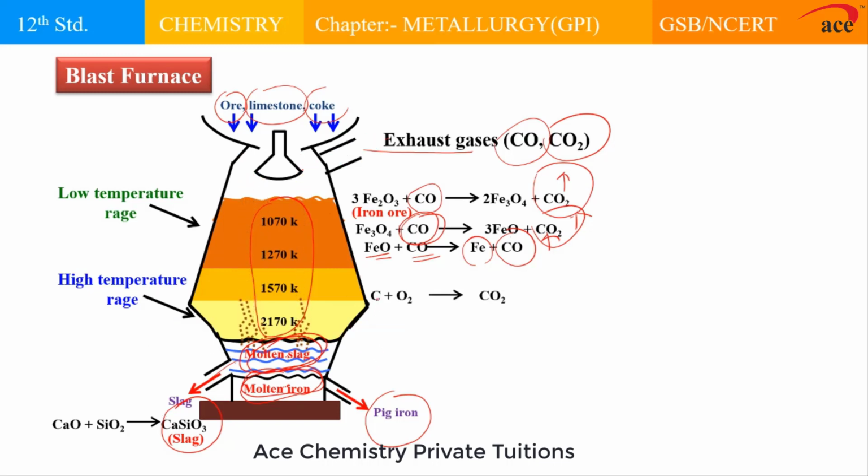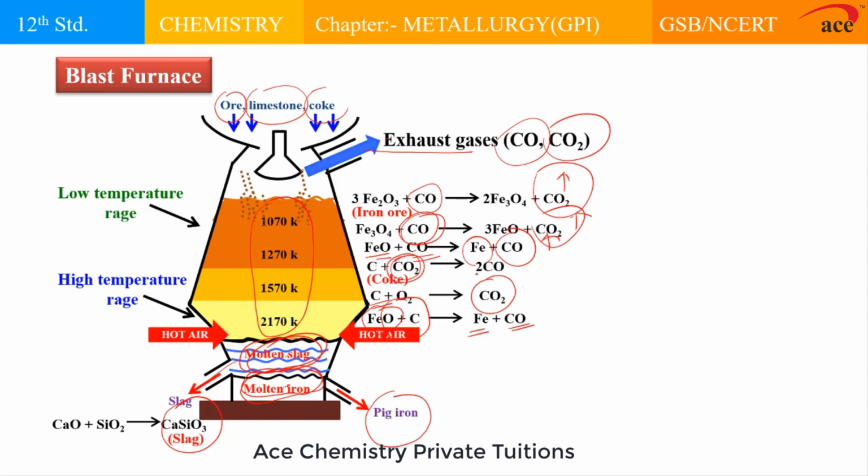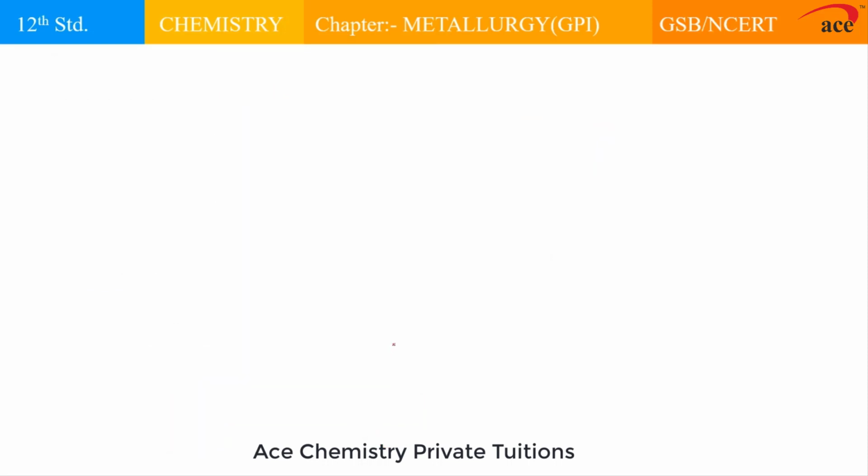At the lower part of this furnace, the carbon, that is the powdered form of the coke, when it combines with the hot air, produces carbon dioxide. The FeO which is present in the powdered form of the ore is also reduced by the coke. It forms Fe and carbon monoxide, and the coke combines with carbon dioxide to form carbon monoxide.